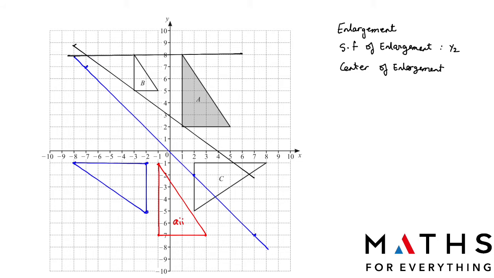I can still join the third vertex, but not necessary because I found my center of enlargement. Wherever their lines meet or intersect, that point is -7, 8.